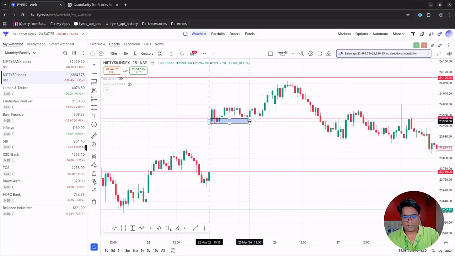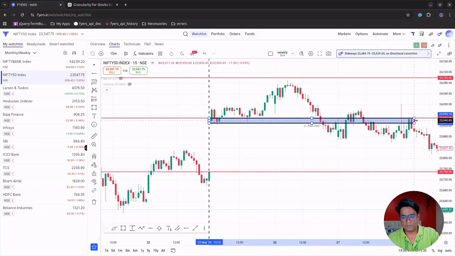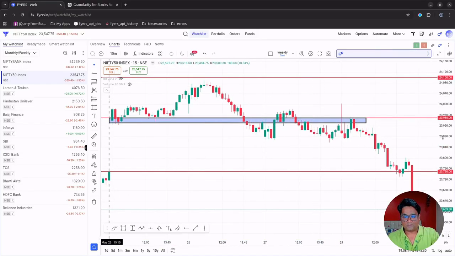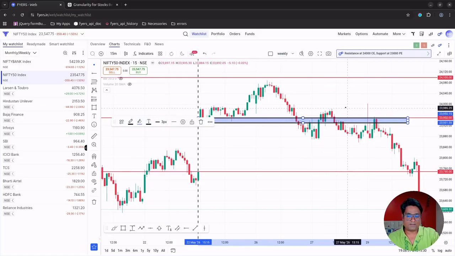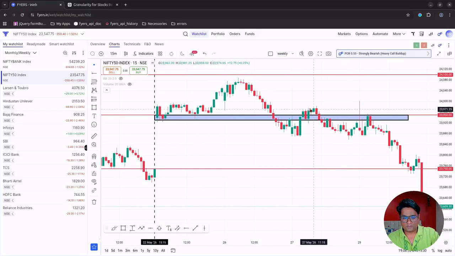It came back, and as this was a support zone, the tussle started between buyers and sellers and created a consolidation.